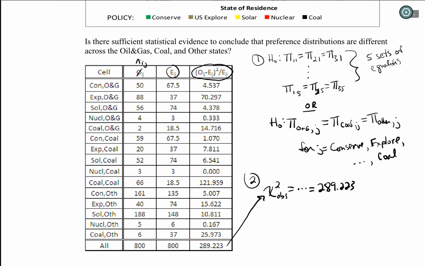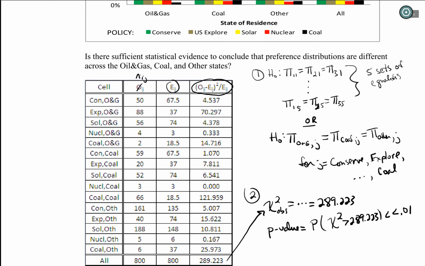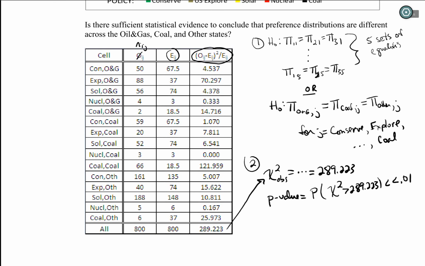And if you want to look up in your chi-squared table, so hopefully we've done this enough, you can see that the p-value associated with this chi-squared quantity is really, really small. It's much smaller than 0.01. And so we would reject the notion that the preference distributions are the same.